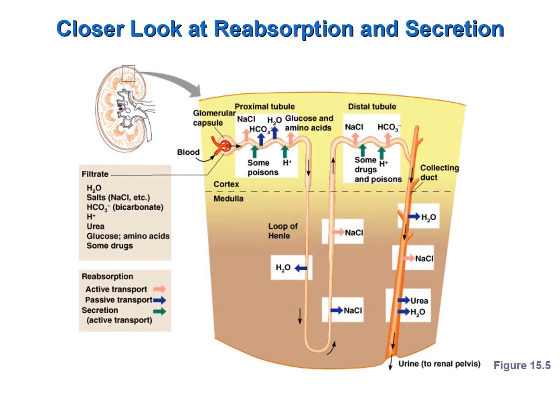Now to the details. Filtrate is formed in the glomerular capsule and moves into the proximal convoluted tubule.